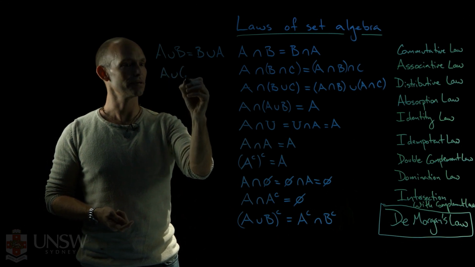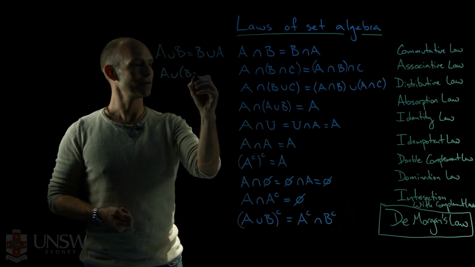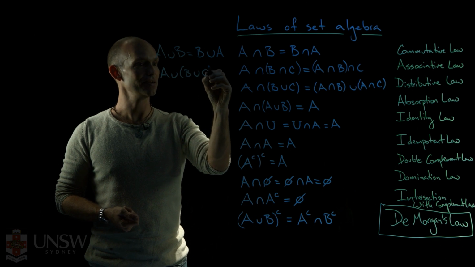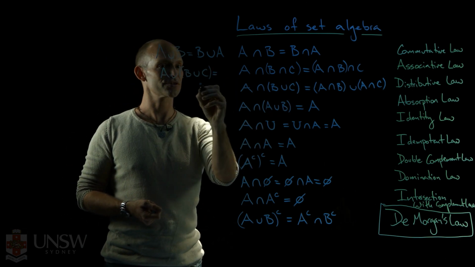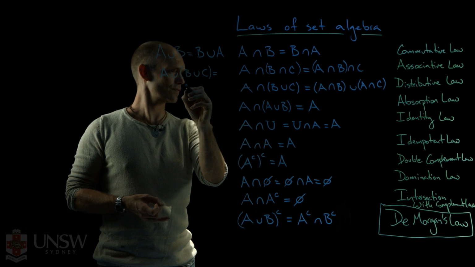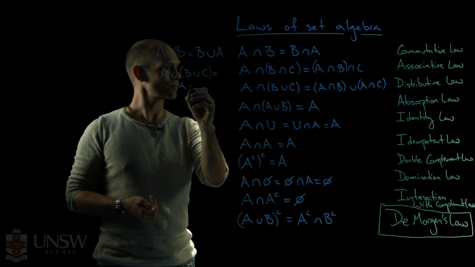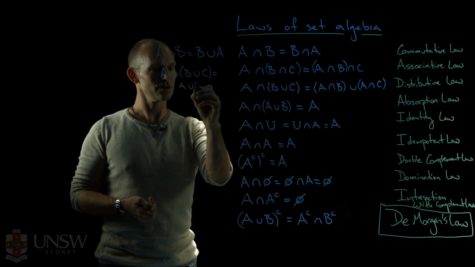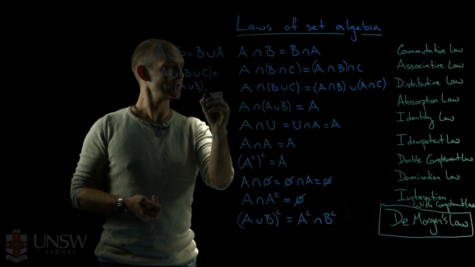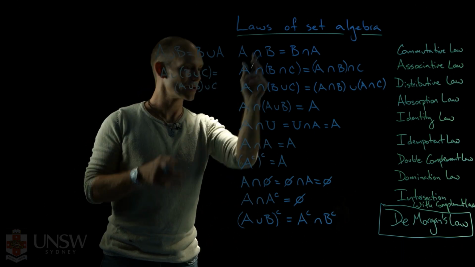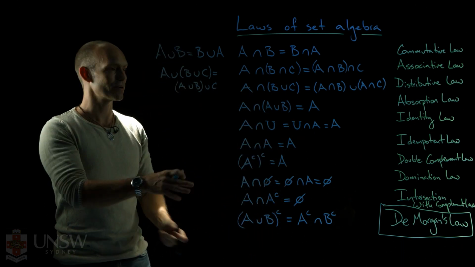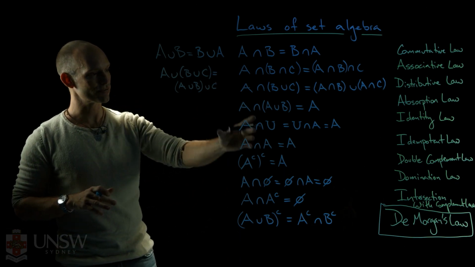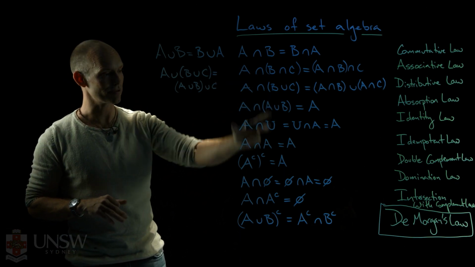A union B union C is equal to the right-hand side, which I have unfortunately written a little bit too closely here, and so forth. And you can do that all the way through, and you get a new set of laws, or a new law for each of these laws here.